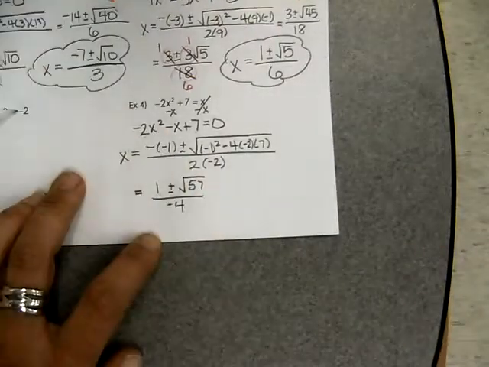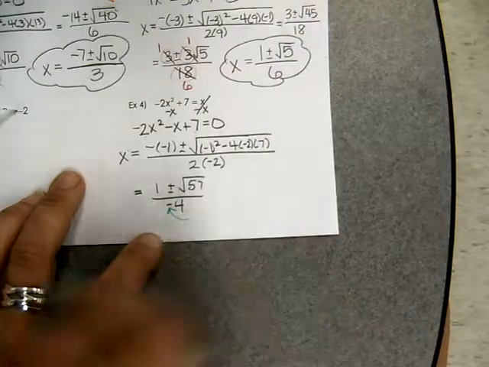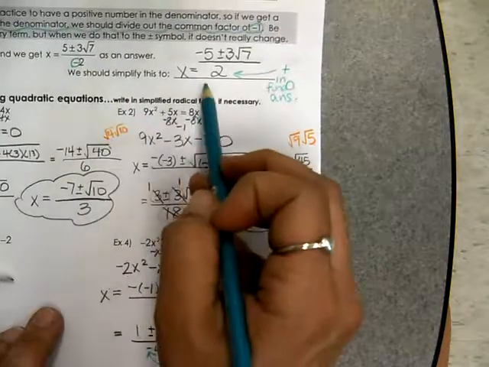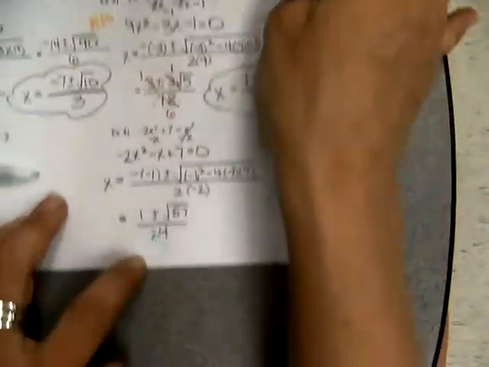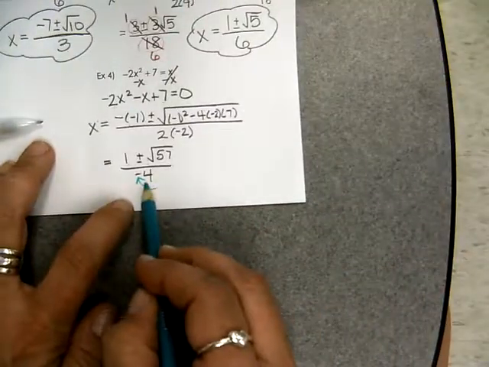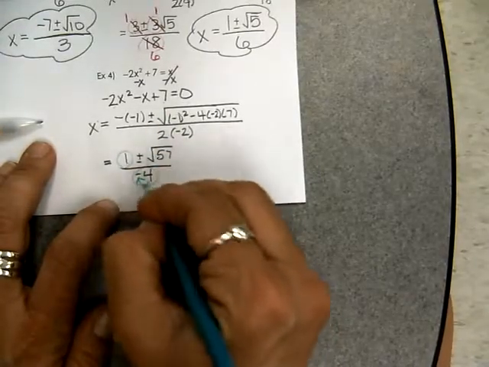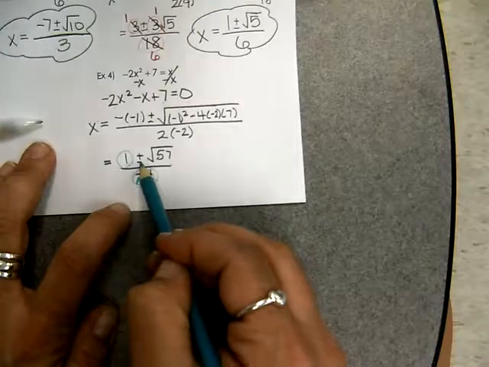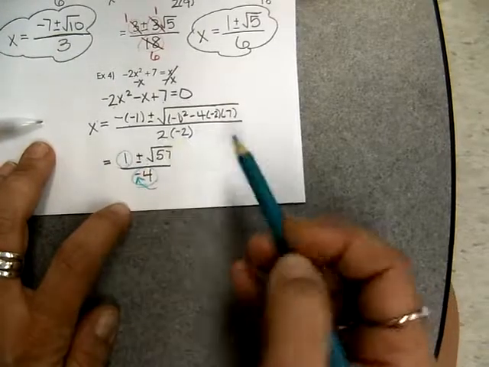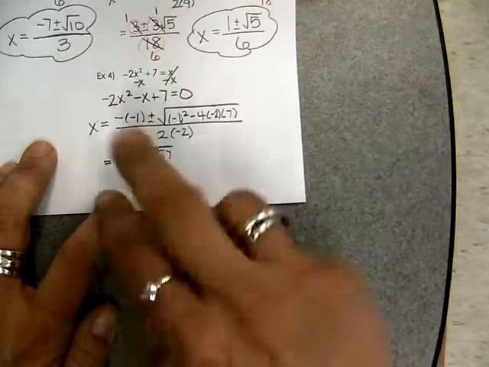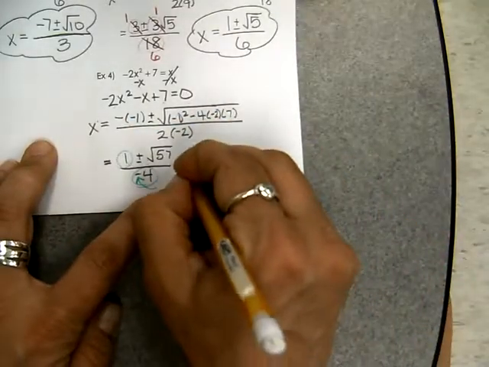However, notice that this is a negative. And one thing we talked about was that when we have a negative, we want to divide it out so that there's a positive in our denominator. So what we'll want to do is change these 2 signs. Again, we're really changing this sign too. I don't want you to think we're not changing every sign. It's just when you change plus or minus to minus plus, you don't see it.